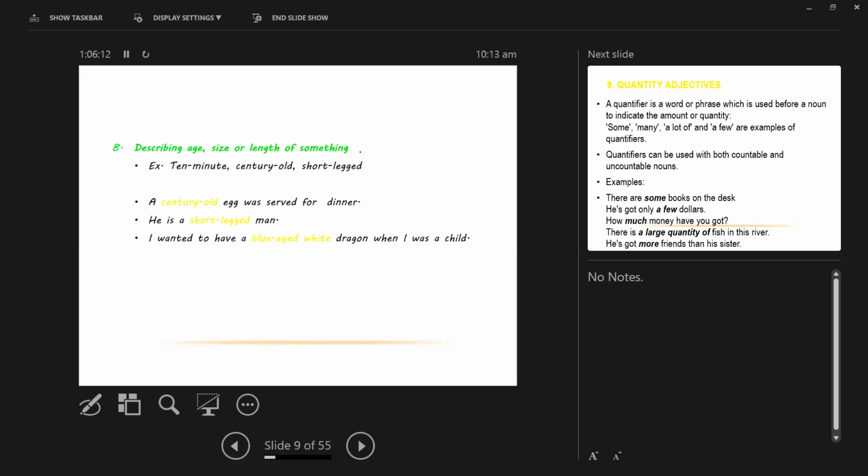The lecture pala. Di ba nalito na rin ako? Okay, so it's a 30-minute lecture. Nun pa lang siya nagamit as an adjective. And that's what we're pertaining to on number 8, which is describing the size, the age, the length, or the time. Yan. Okay. A century-old egg was served for dinner.